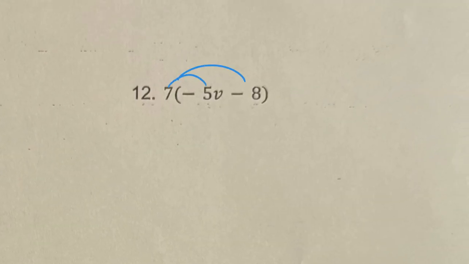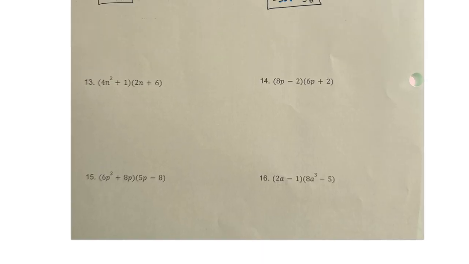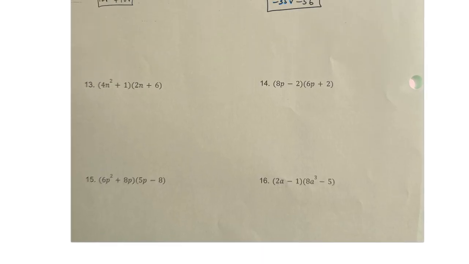Distributing this, of course, would give us negative 35v minus 56, and believe it or not, that is all we need to do. Okay, so this is where it's getting a little crazy.